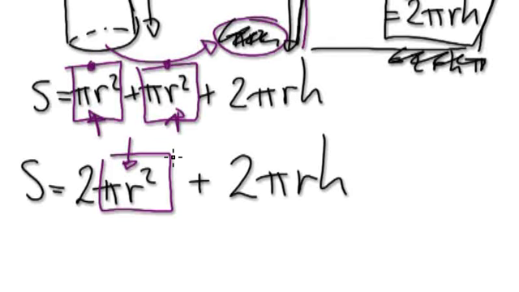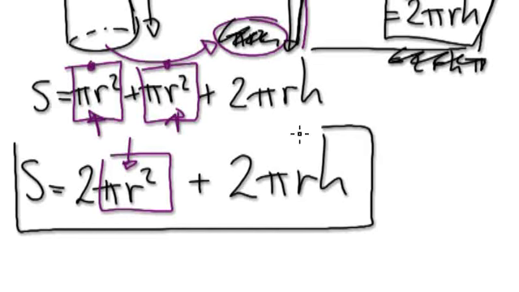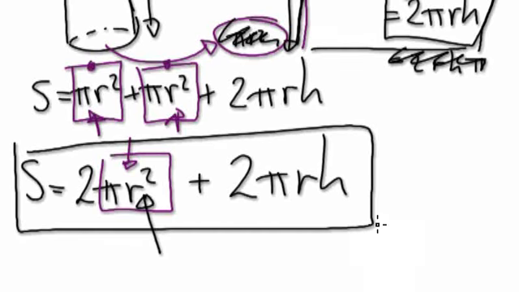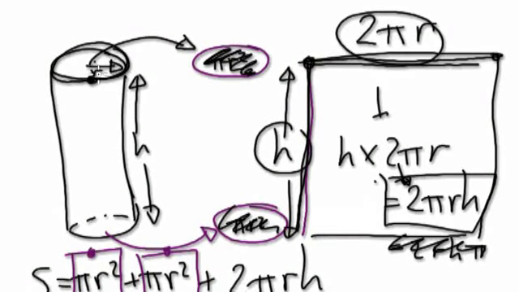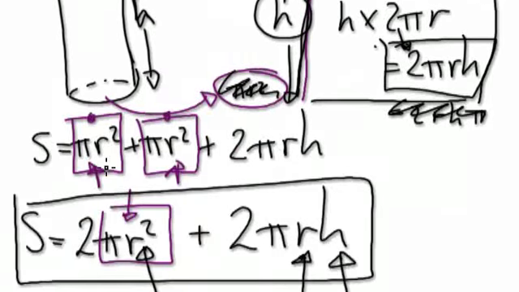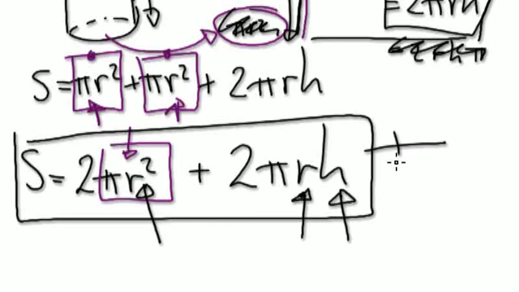So the formula for the surface area of a cylinder is given by this. All you need to know is r and h, and then remember we just recycled the r here. In order to work out the surface area of the cylinder, all you need is the radius and the height, and it's given by this formula here.